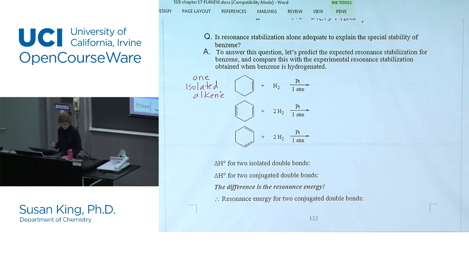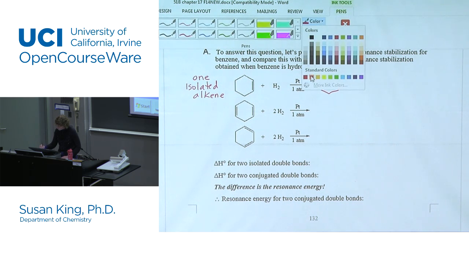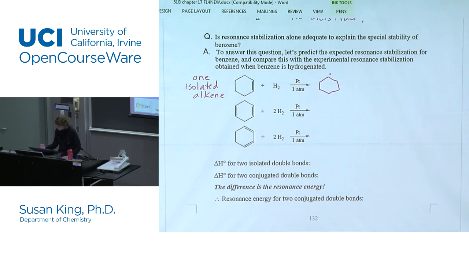So one isolated alkene, we hydrogenate that, we're going to get this here. And the heat that we give off, we would measure this in a calorimeter, is minus 28.6 kcals per mole.